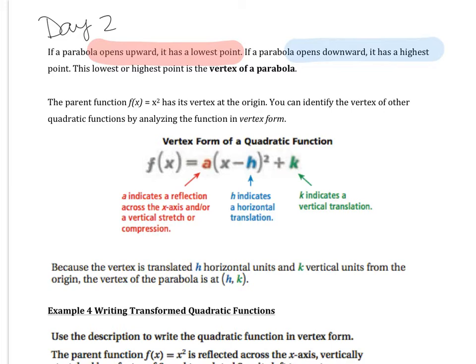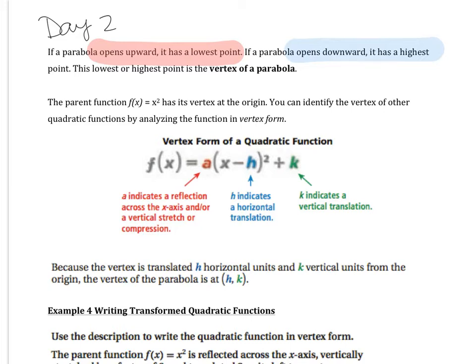The vertex form we can write as such: a times the quantity x minus h, quantity squared, plus k, where a indicates if there's a reflection, if it's negative or positive.